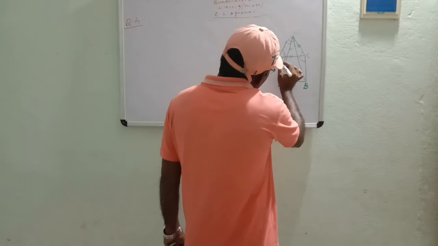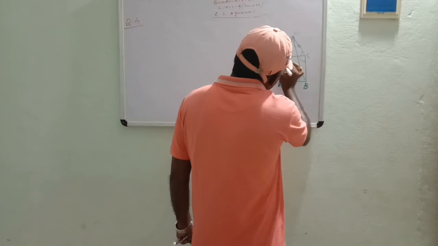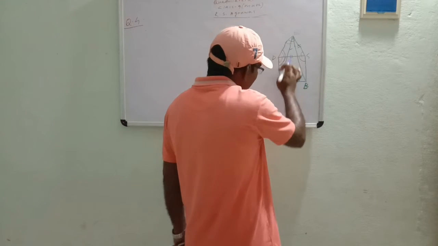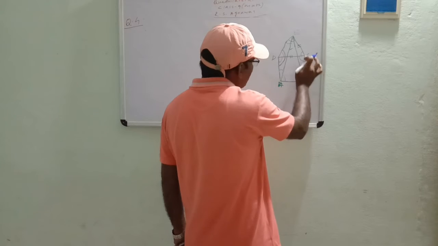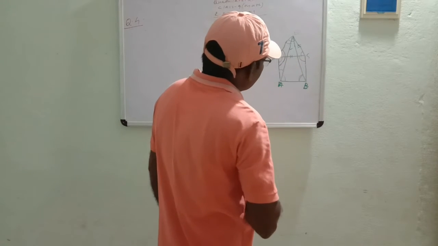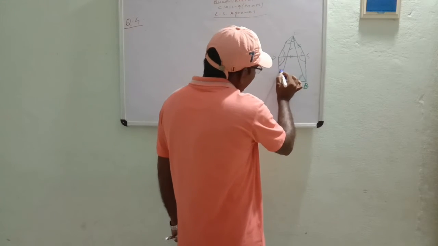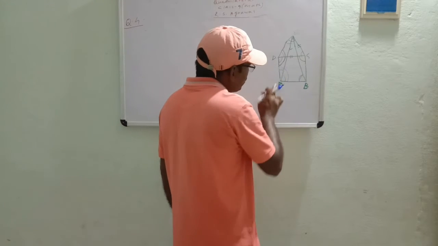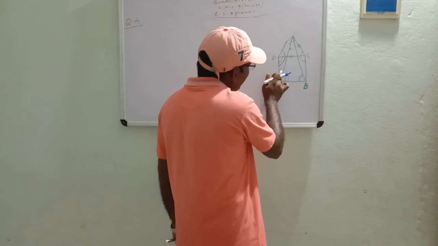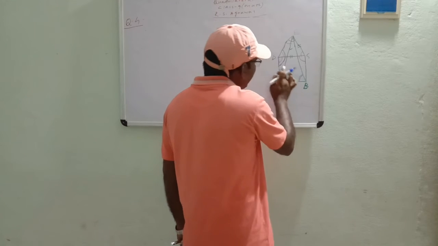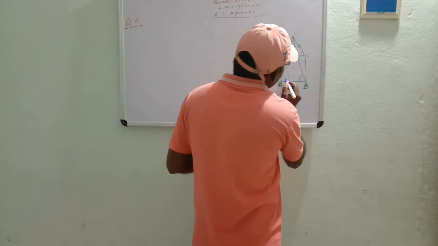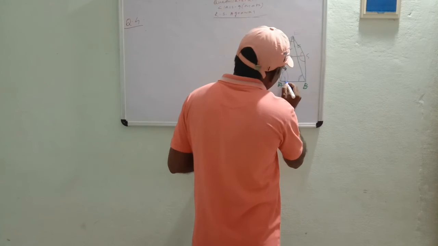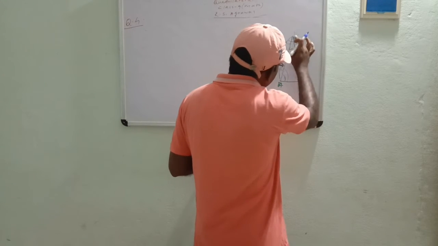And already you have found out angle DAB is 90 degree because ABCD is a square. Now subtract this angle from this angle. It means you have to subtract the 15 degree angle from the 90 degree angle in order to find the angle EAB.